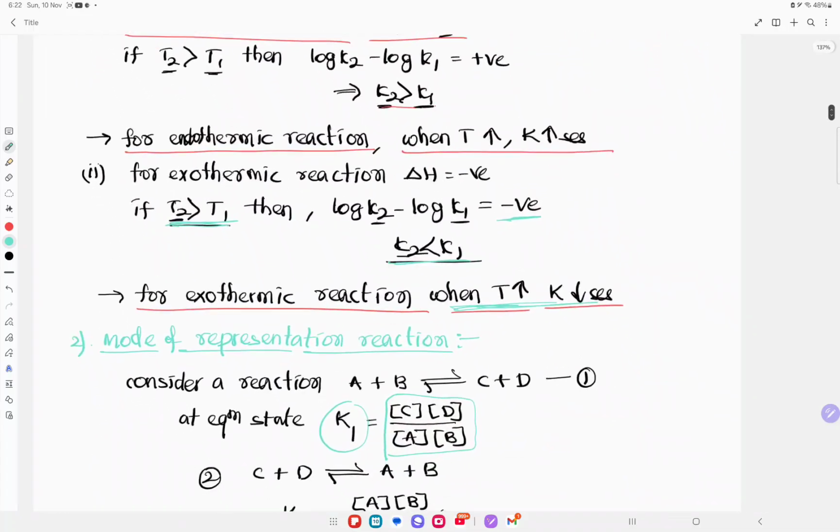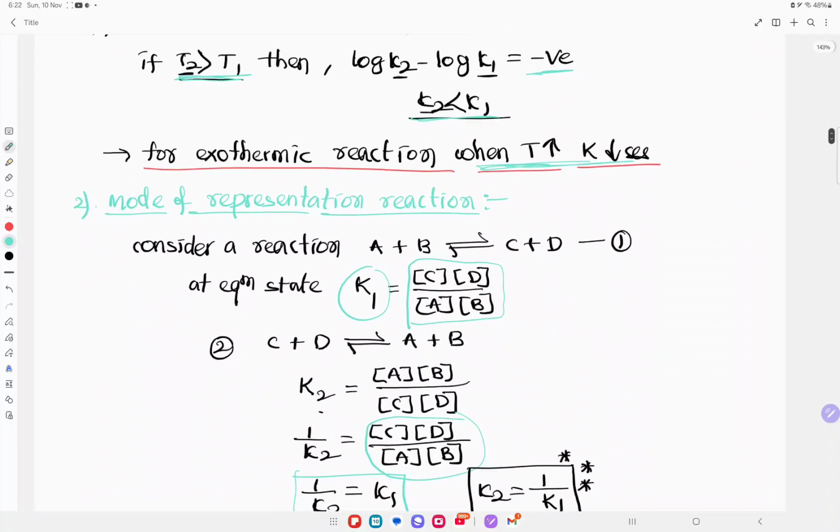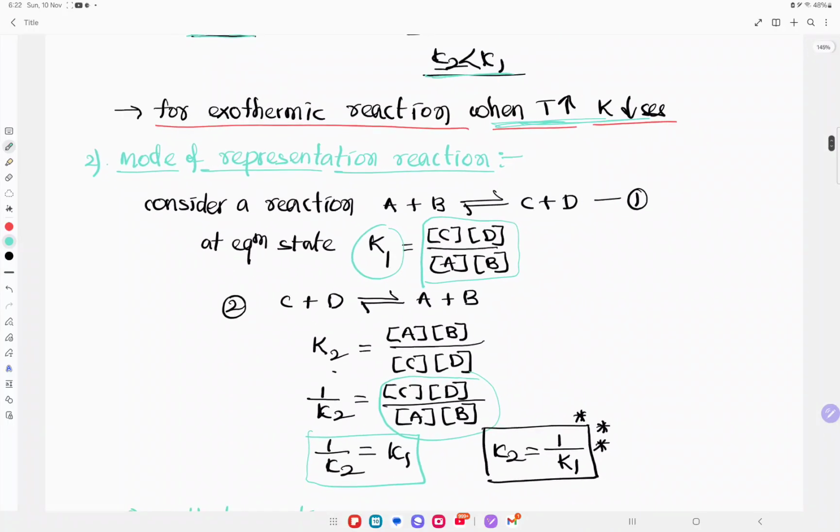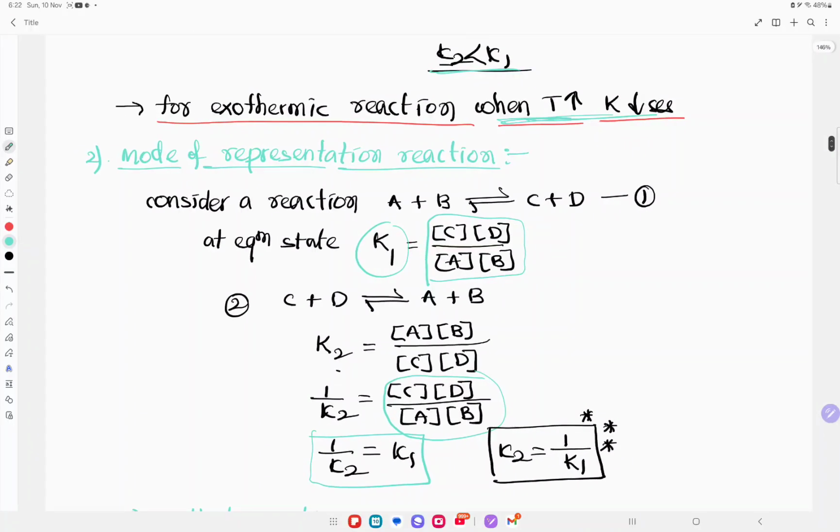That's my point. Next, second thing: the mode of representation of a reversible reaction can also affect the equilibrium constant. For that, first I consider the reversible equation A plus B gives rise to C plus D, and this reaction should be at equilibrium. Then only we talk about the equilibrium constant.